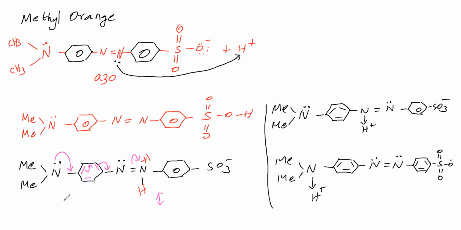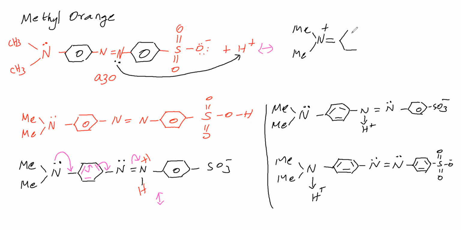That resonance structure we will write here. That is Me, 2 times Me. Then this N is contributing a lone pair, and therefore this single bond becomes a double bond. This N is contributing a lone pair, therefore loss of 1 electron, therefore positive charge for this N.